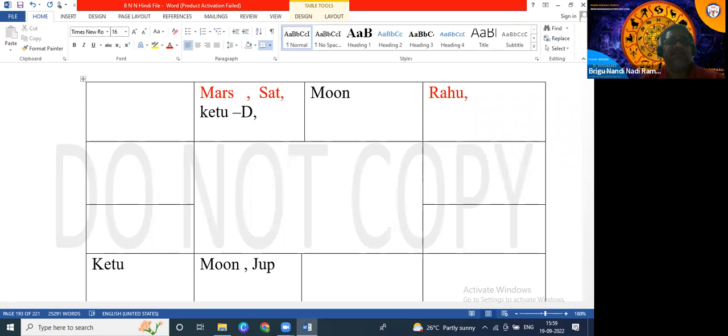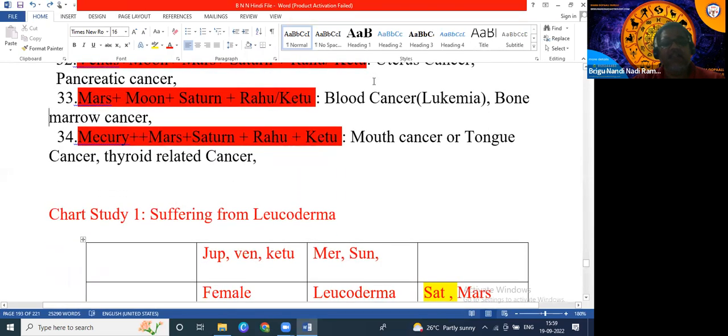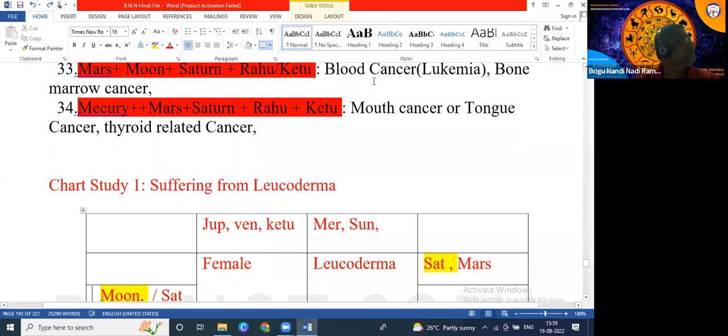So like this, if any planet is hammered in between two enemies, then the native will get major health problems related to that planet. So Moon is there, which cancer? Moon is here, breast cancer. So like this we can discuss and identify the major health problem.